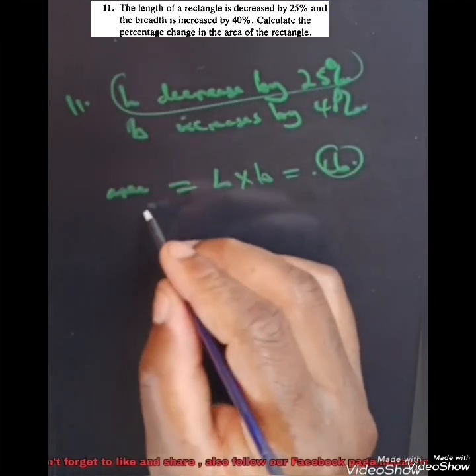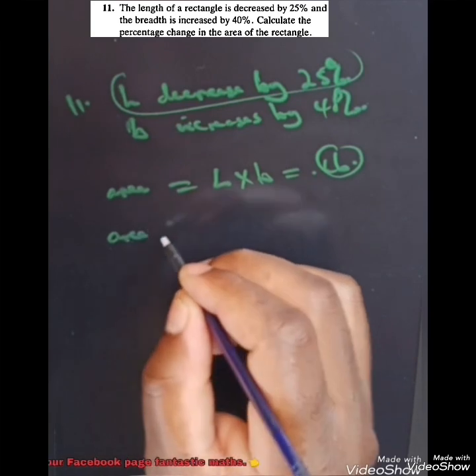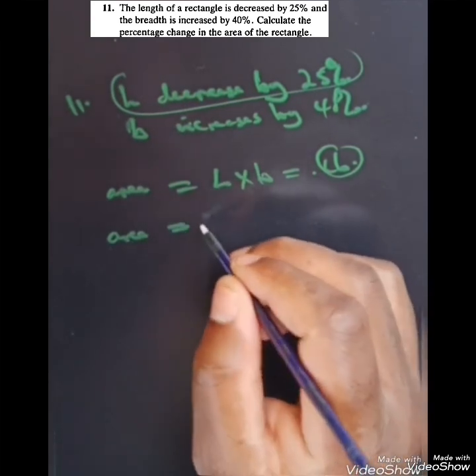So this is the formula for calculating the area of a rectangle: length times breadth to get LB.